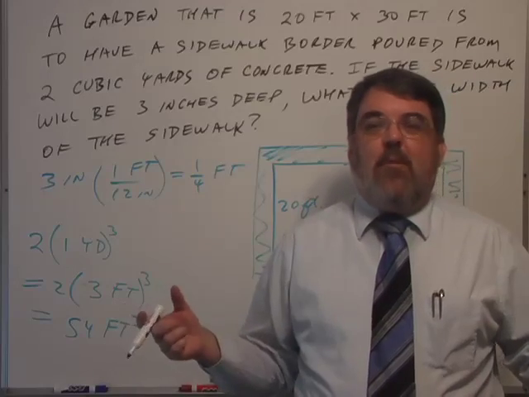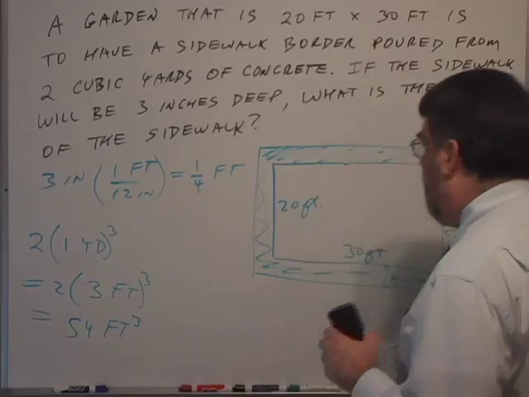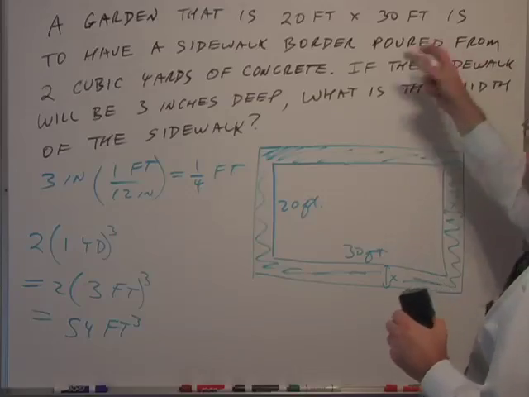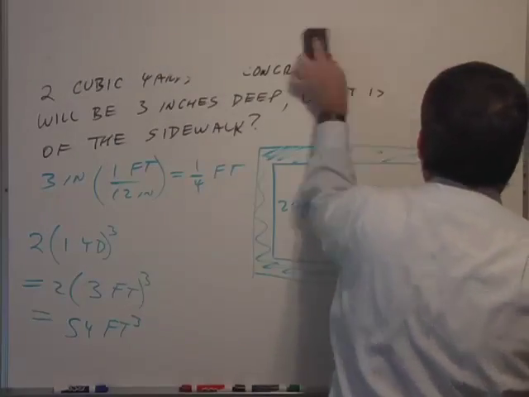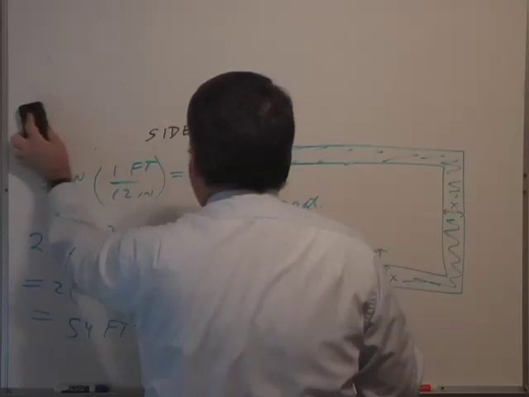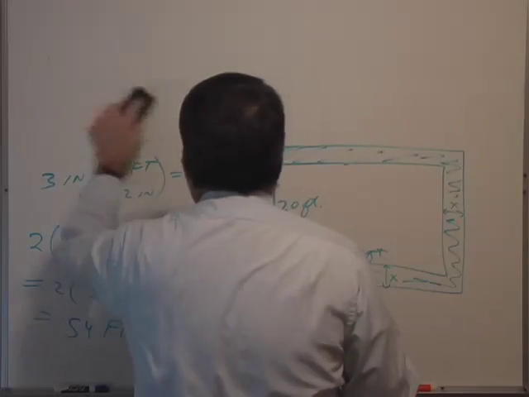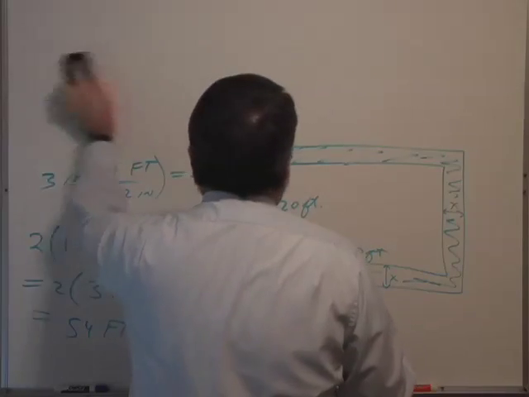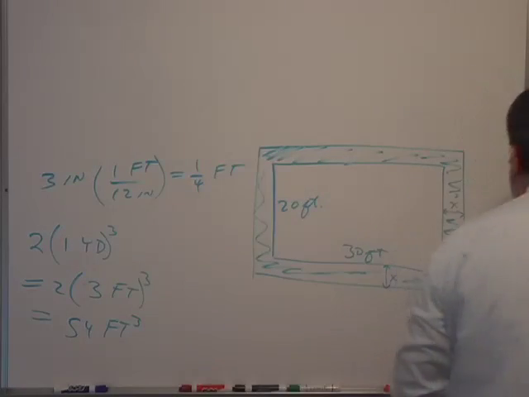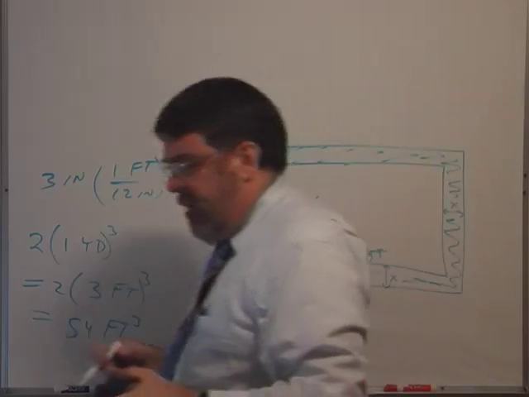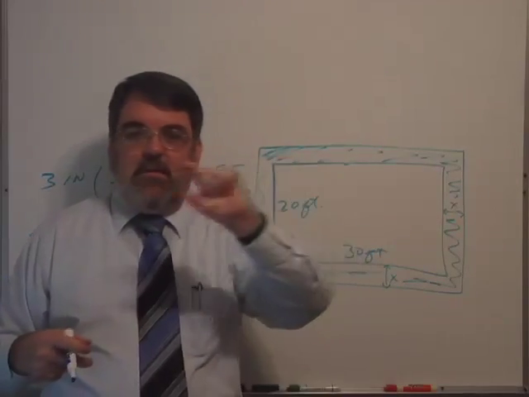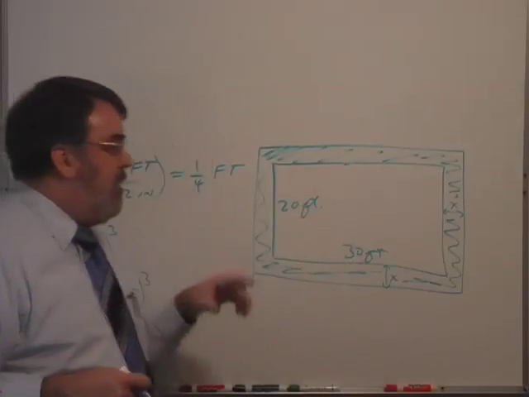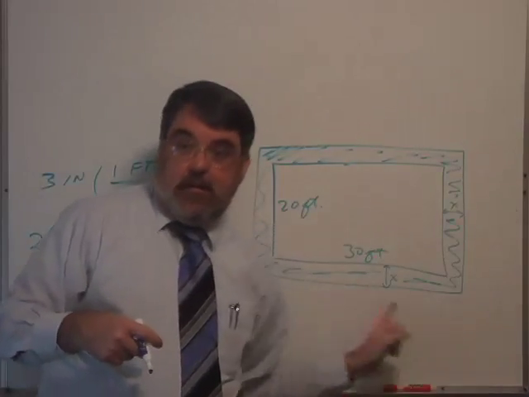Now, how are we going to use that stuff? And here's what I want you to consider. I have to make some room, so let me erase the statement of the problem. My approach, and you don't have to do it this way, but I think it makes a lot of sense, is to dispense with the thickness, the depth of the sidewalk, and think of this problem only in terms of area.